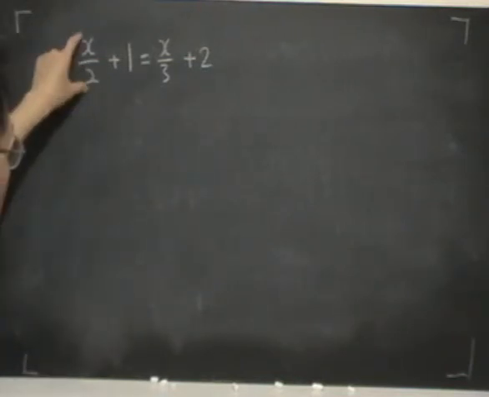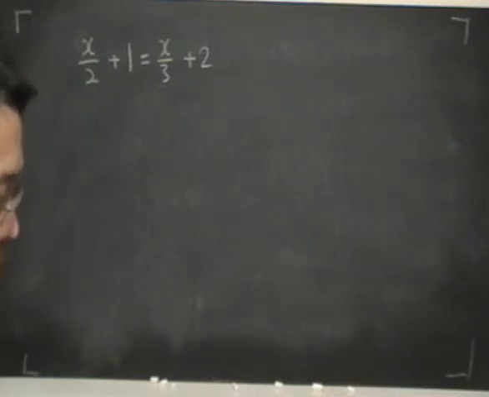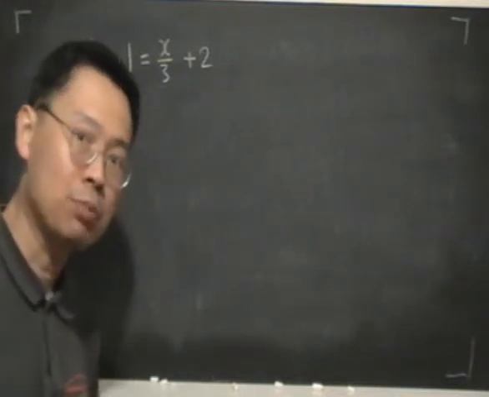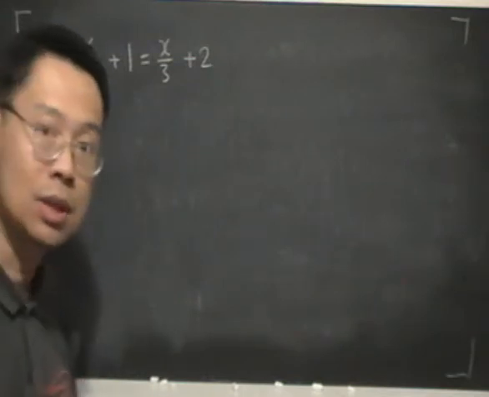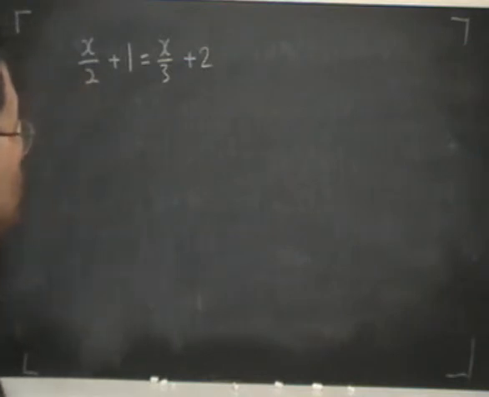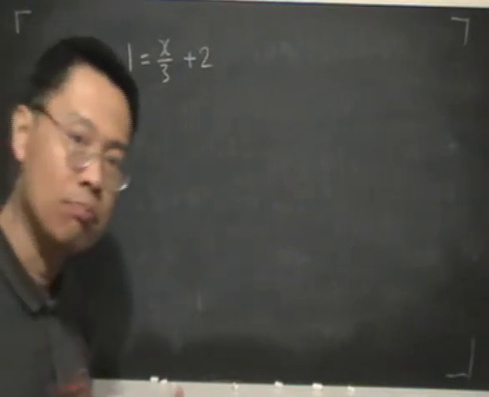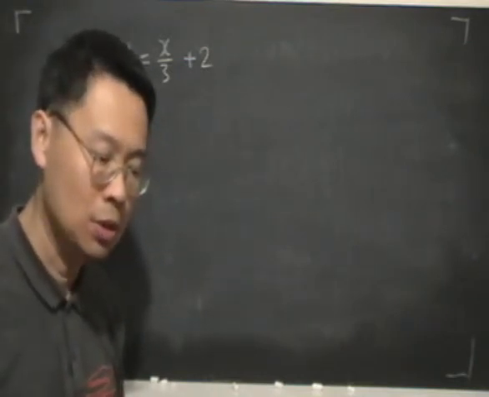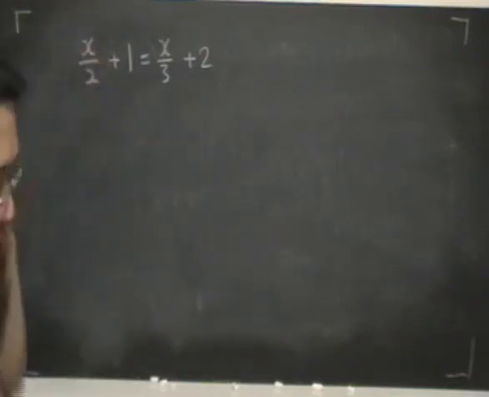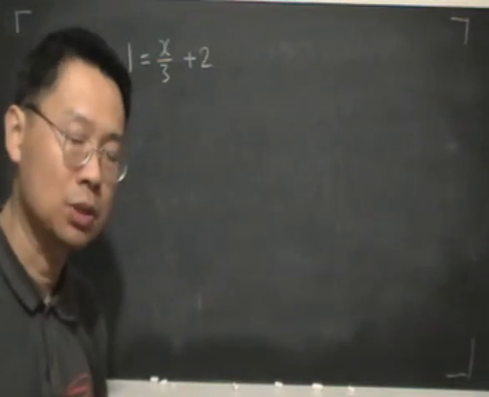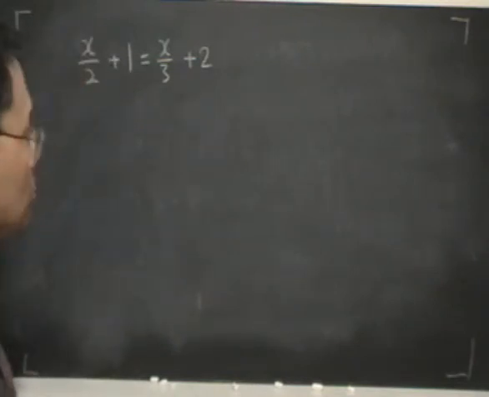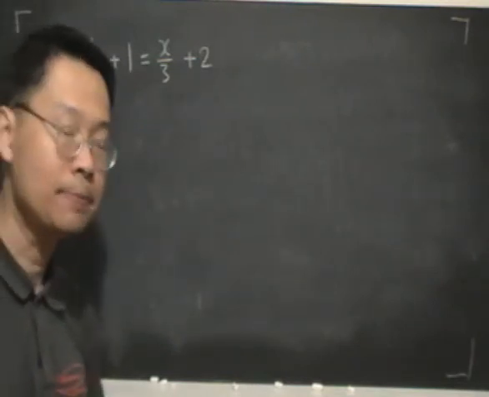In a fraction, I can actually get rid of the 2 if I multiply it by 2. Right? If I multiply that by 2, the 2 and the 2 cancel. But of course, if I multiply the left side by 2, I have to multiply the right side by 2 as well. Okay, that's one idea.